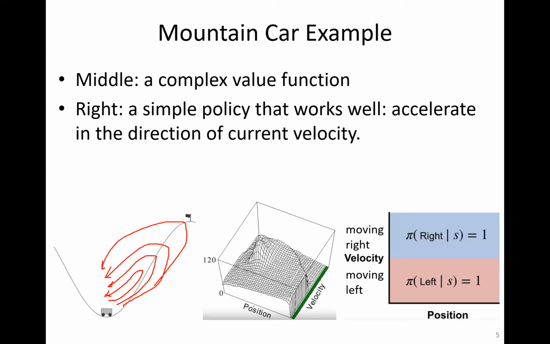So here's the value function landscape. For every position and velocity combination, there's a value for that point in the state space. So the state is a tuple consisting of a position and velocity.